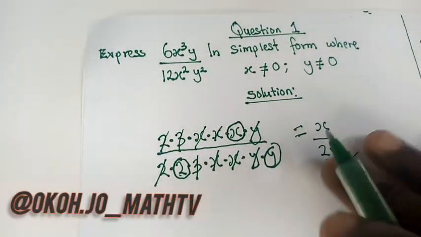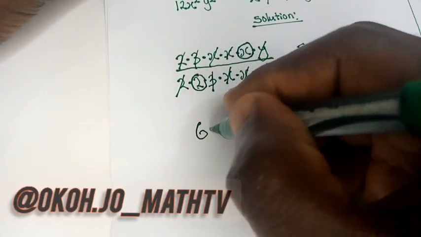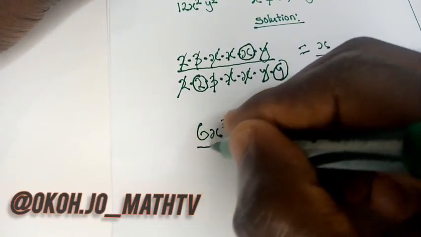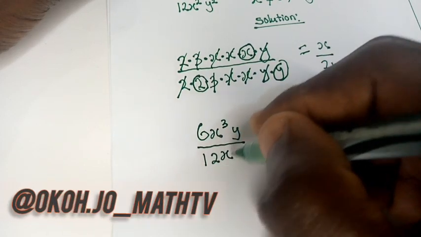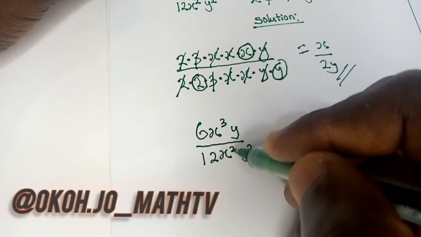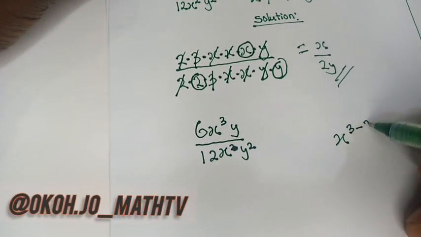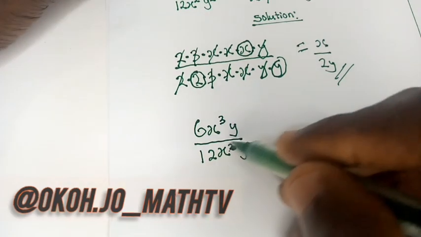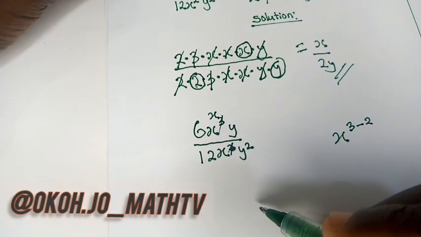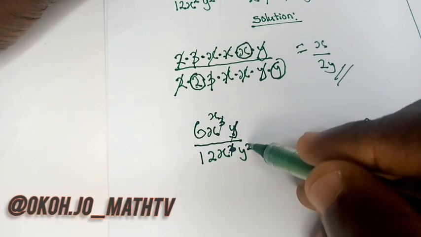As simple as that. But in a very short form, we can see that 6x raised to power 3 and y all over 12x raised to power 2 y raised to power 2. Now we can consider this power. Remember the law of indices. So it's just like you saying x raised to power 3 minus 2, which is this, isn't it? So if these 2 cancel this 3, it means we are left with only a single x here. Is that clear? In the same vein, one of this y can eliminate one of this y.